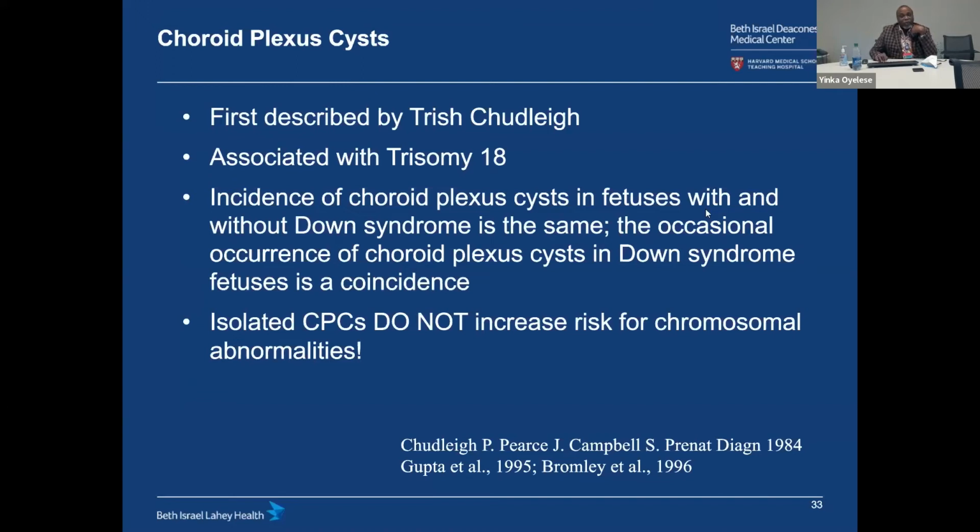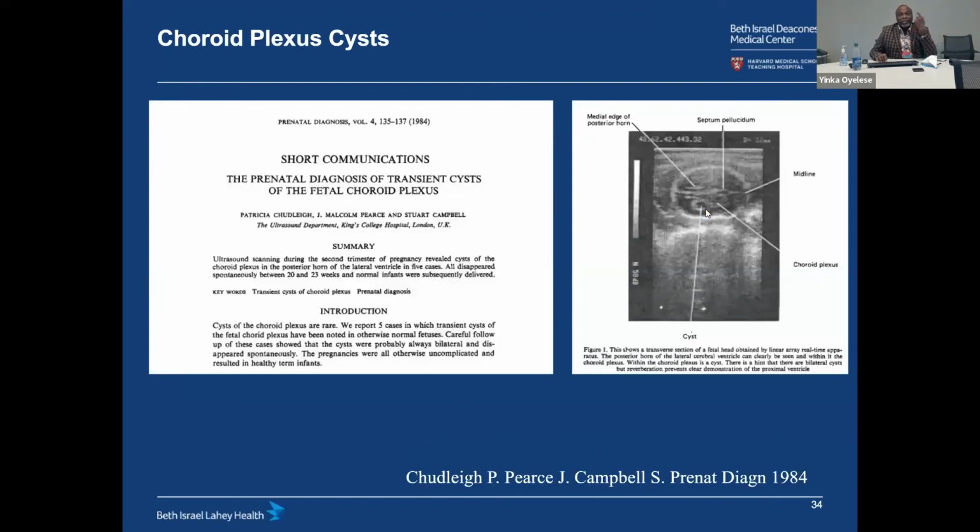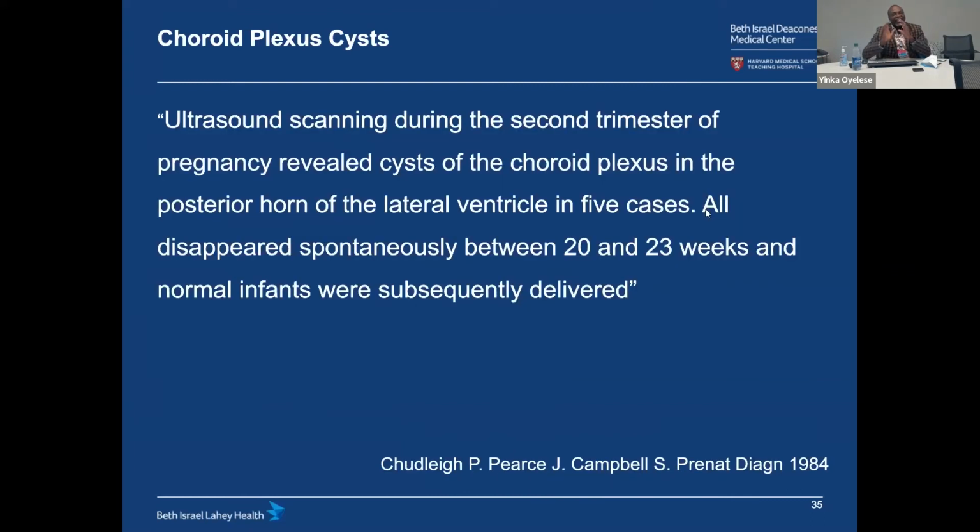Actually, we could have known that as far back as 1984, because this was the first paper of choroid plexus cysts published by Trish Chudley, Malcolm Pierce, and Stuart Campbell in 1984. But what did they say? This is really important. In 1984, they described 5 cases of choroid plexus cysts.